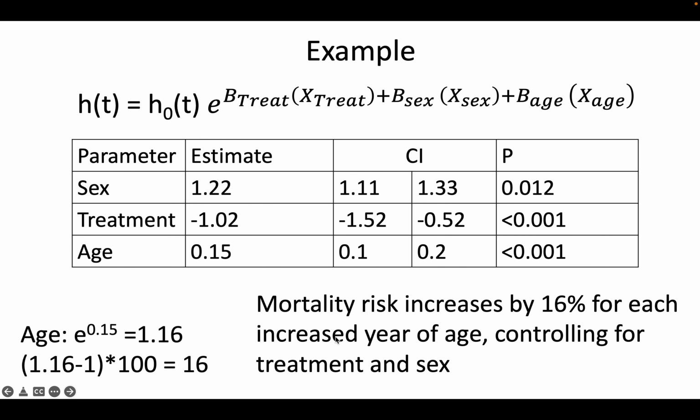And just to give an example with a continuous variable, age exponentiated comes out to 1.16, so mortality risk increases by 16% for each 1 unit increase in age, which I believe is years here, so for each 1 year increase in age.